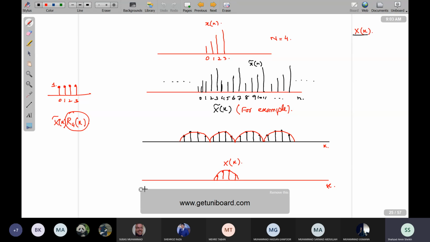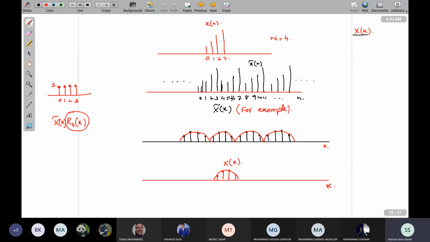If I want to find the DFT through the DFS, which is a theoretical kind of thing, but the relationship is shown through this, I will take x tilde of n. What is x tilde of n? I am just periodicizing this, so I will be repeating it. Suppose this is 1, 2, 3, 4, and I keep repeating, and that's my periodic sequence.